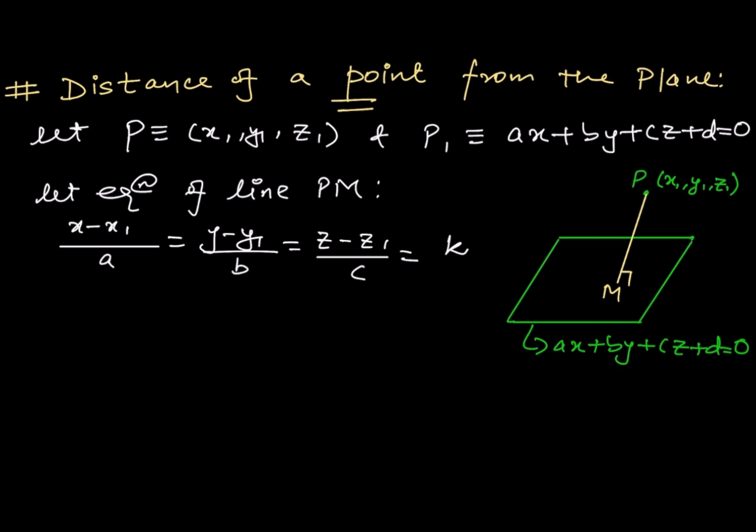We can consider this. Now, so x is equal to ak plus x1, y is equal to bk plus y1, and z is equal to ck plus z1.